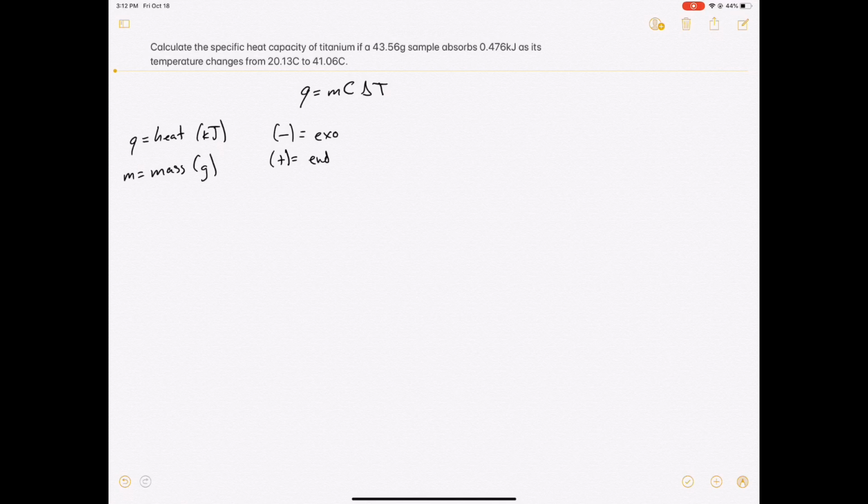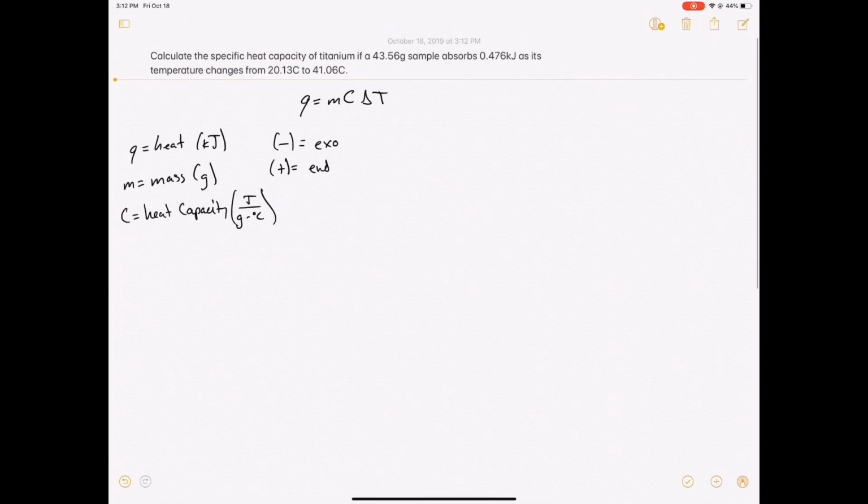C is heat capacity, represented in joules per gram times degrees Celsius. And delta T is the change in temperature, in degrees Celsius as well, because of the heat capacity units. You do not need to change to Kelvin. With that being said, let's jump into the problem and start assigning values to letters.